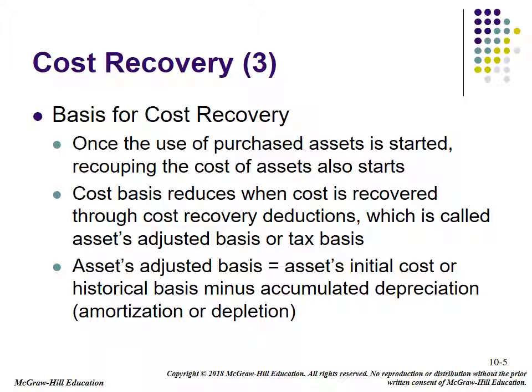Cost basis reduces when cost is recovered through cost recovery deduction. So remember, when we're selling an asset, we use the asset's adjusted or tax basis. So an asset's adjusted basis will be how much you initially paid for it, plus improvements, minus the total depreciation or amortization you've taken.